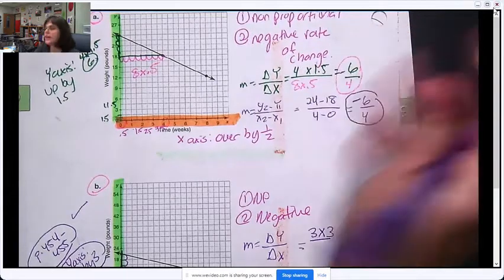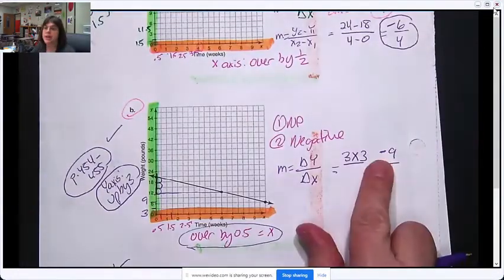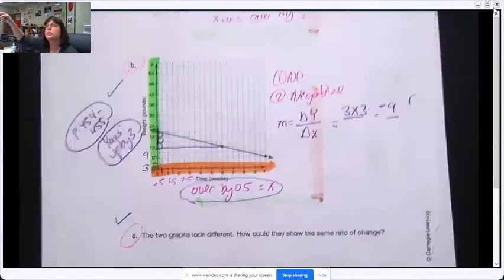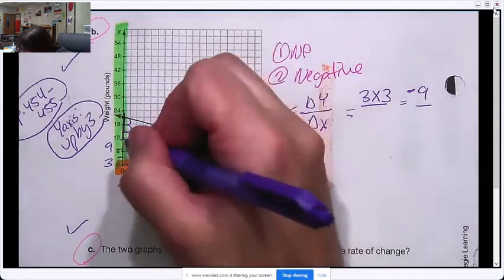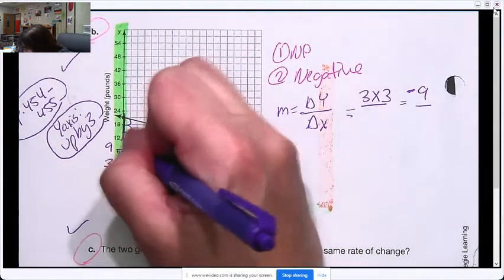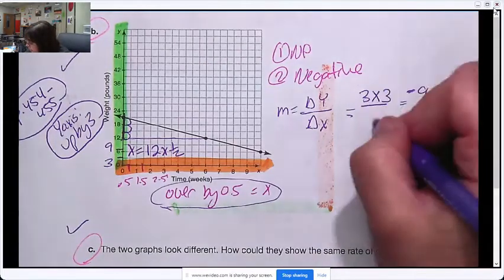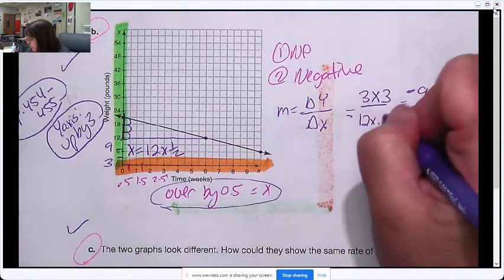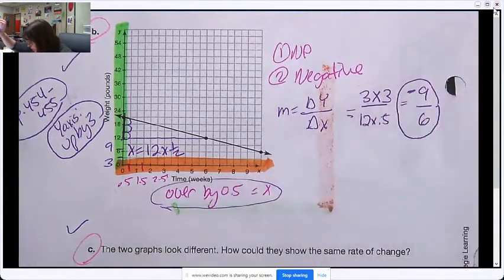Sorry about that. Negative 6 over 4. So that means my answer should be negative 9 right here. Down. All right, so then if I count over, this is going to be a value of 12 times 1/2. Okay, so 12 times 0.5 means my answer is going to be 6. So negative 9 over 6.